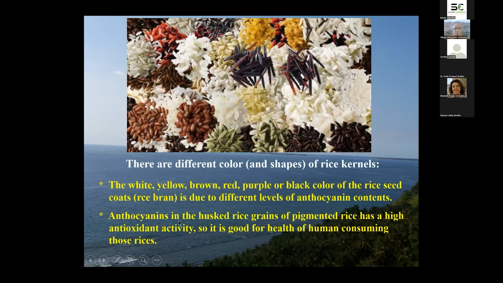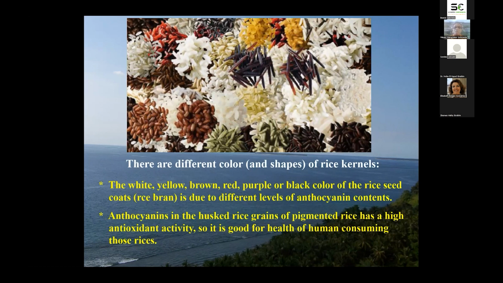Sorry, that's rice bran, due to different levels of anthocyanin content. Anthocyanin in the husked rice grains of pigmented rice, like this, red rice, purple, brown, black, has a high antioxidant activity. So it's good for health when we consume this pigmented rice.